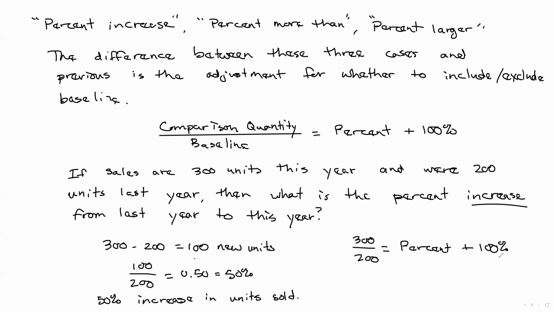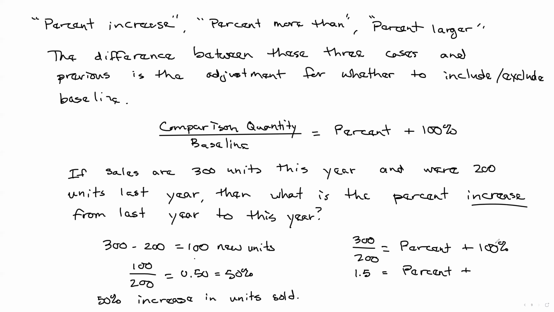So I'm just copying this down as a formula. This 100% represents the 200 in the previous problem. Okay, so watch this. You do 300 over 200. If you calculate, that's 1.5. Then we're going to leave this percent alone for the moment, and we're going to change the 100% to a decimal.